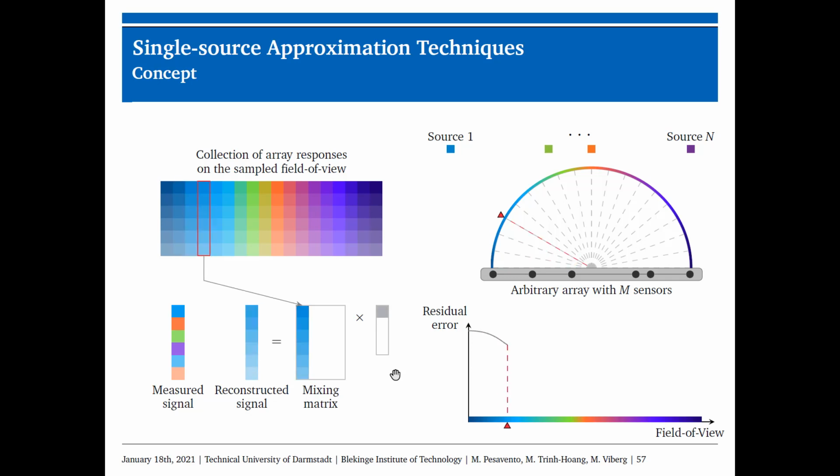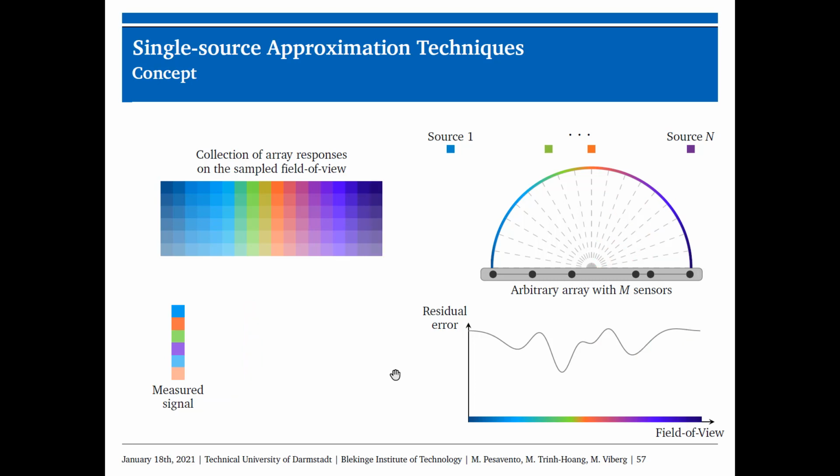Then we iterate for all DOAs in the field of view. Each candidate direction results in a different residual error. After finishing the spectral sweep, we obtain the null spectrum, which is the residual error for all candidate directions.